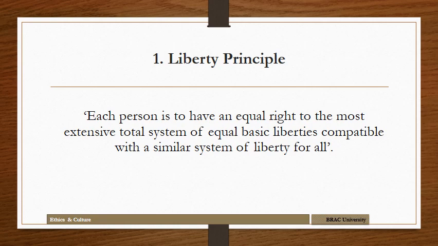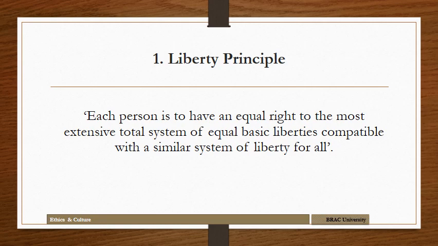For example, as human beings, we all have the right of expression. But if someone's expression barges into another person's basic liberty in the same society or state, then the state has every right to interfere with that freedom of expression.